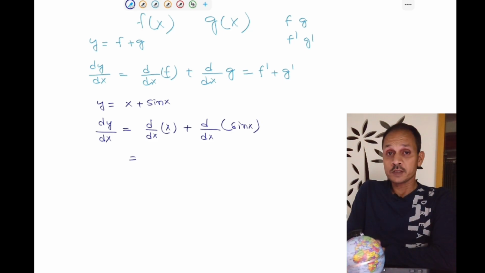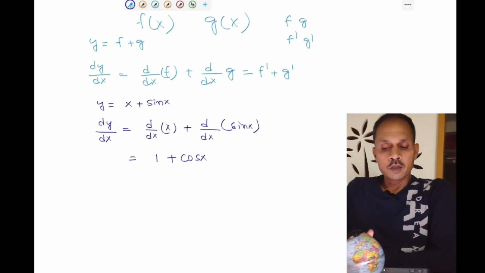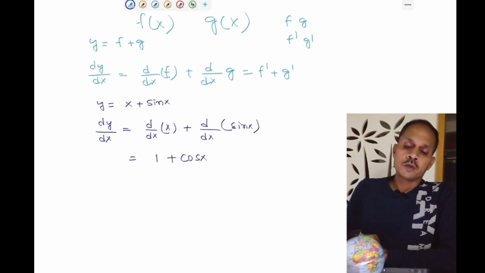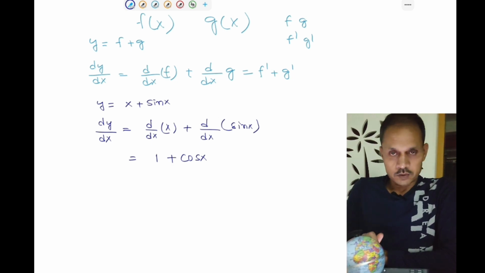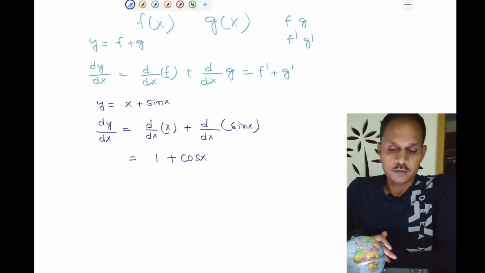And d by dx of x, you know already, is 1, plus d by dx of sin x is cos x. So this is the answer for dy by dx. Simple. Whenever there is addition, and for subtraction also, we do the same thing. So this is what we do when there is an addition of 2 functions.